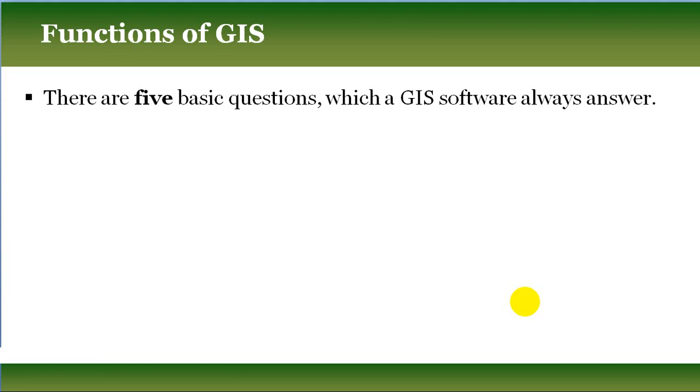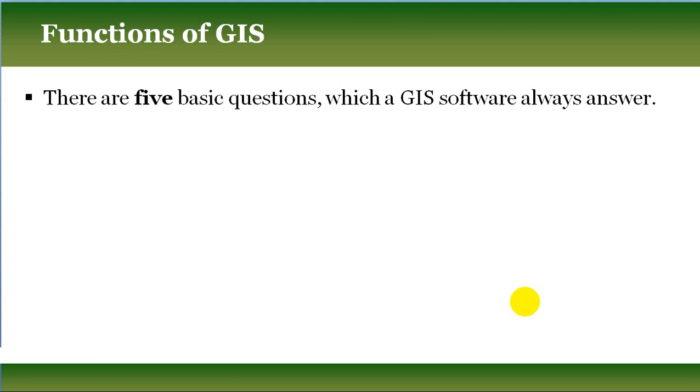Okay, so for giving answers to these spatial questions, GIS software basically performs different types of functions, or you may call them different types of operations. As you know, GIS software performs several types of functions, almost 1000 different types of functions nowadays performed by almost every GIS software.